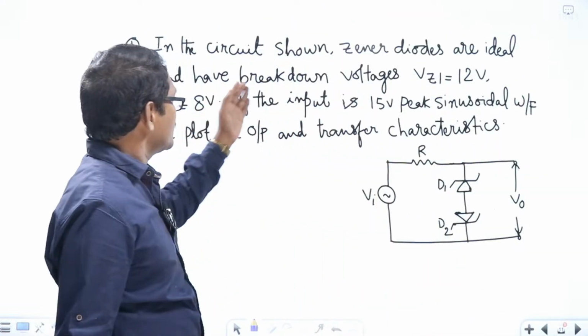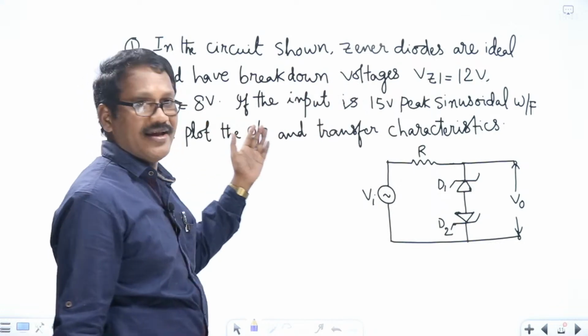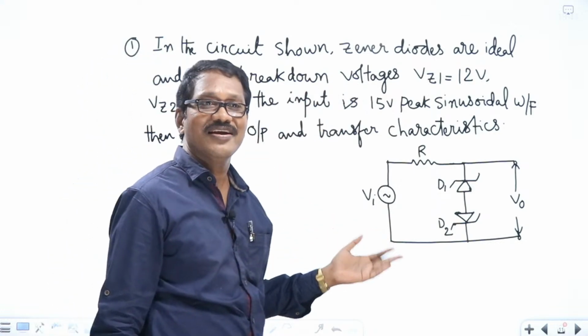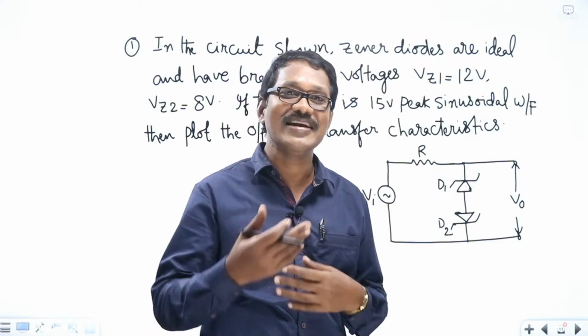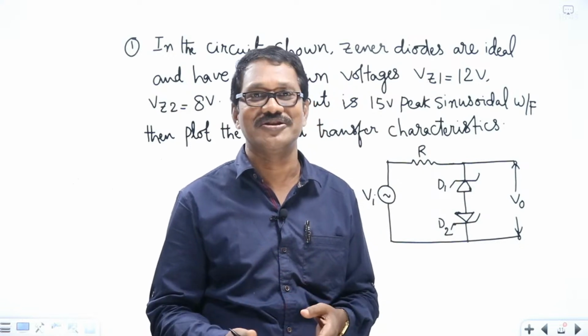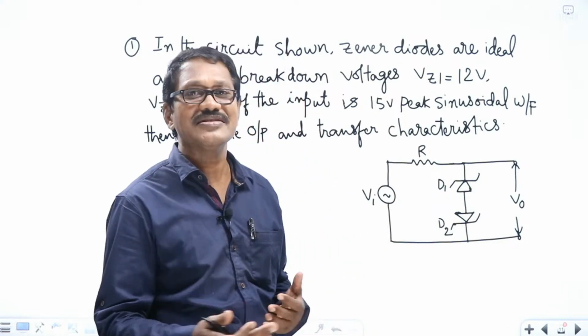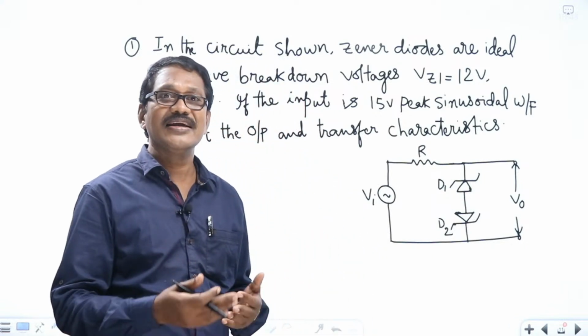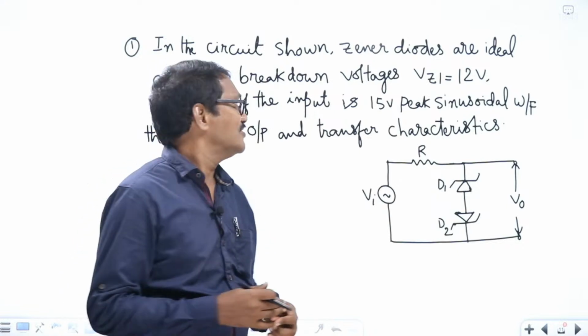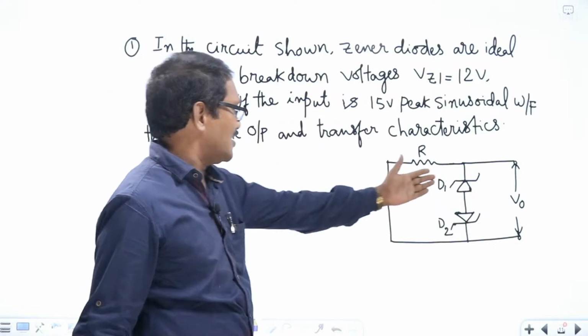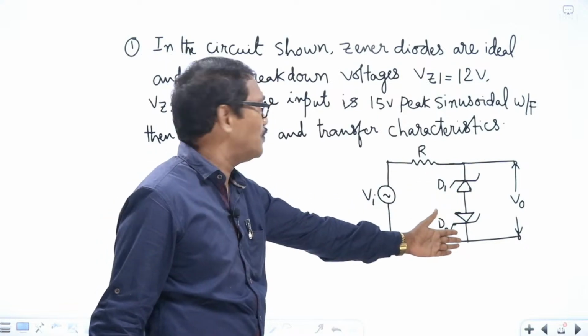In the circuit shown, the Zener diodes are ideal. Ideal in the sense, what does it mean? The change in Zener voltage is assumed to be 0, and the Zener dynamic resistance is assumed to be 0. Hence if it is forward biased, it can be directly replaced by a short circuit. Right? In this case, the Zener diodes D1 and D2 are assumed to be ideal.